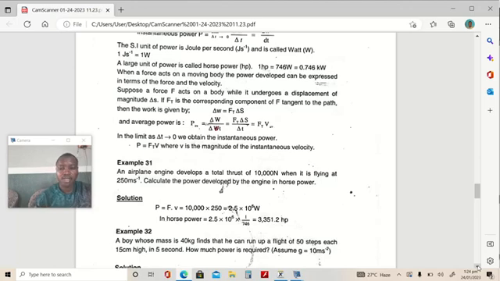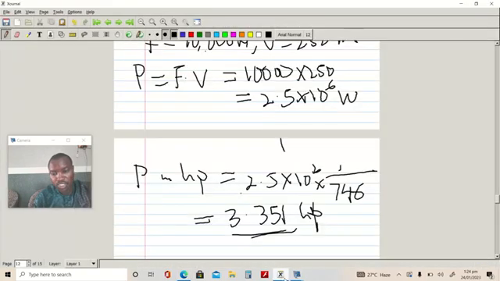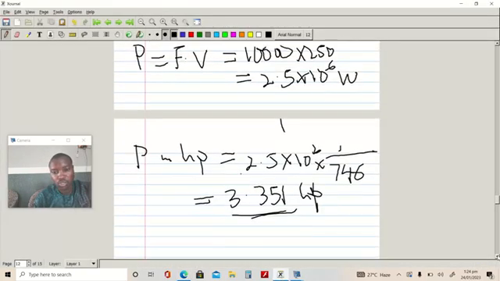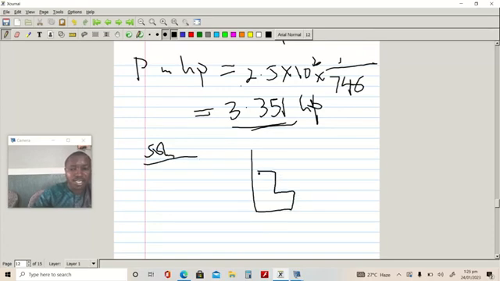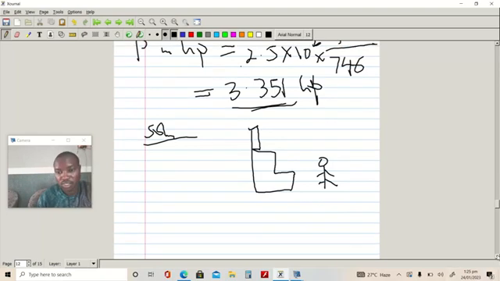How much power is required? So the boy is climbing a staircase. That's what the question is trying to tell us. If this is the step, he climbs here, then he climbs here, so we see the boy trying to climb those steps.